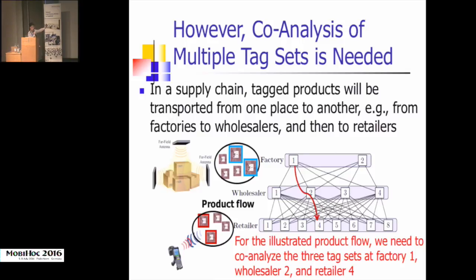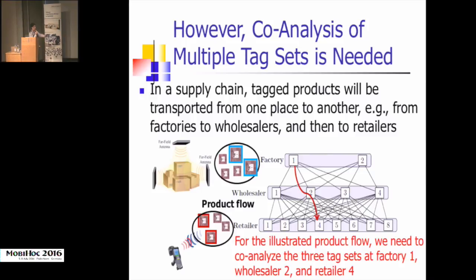Here's another example. This is a typical example we want to emphasize in our paper. In a supply chain, tagged products are transported from one location to another. For example, products are transported from the factory to wholesalers and then to end retailers.